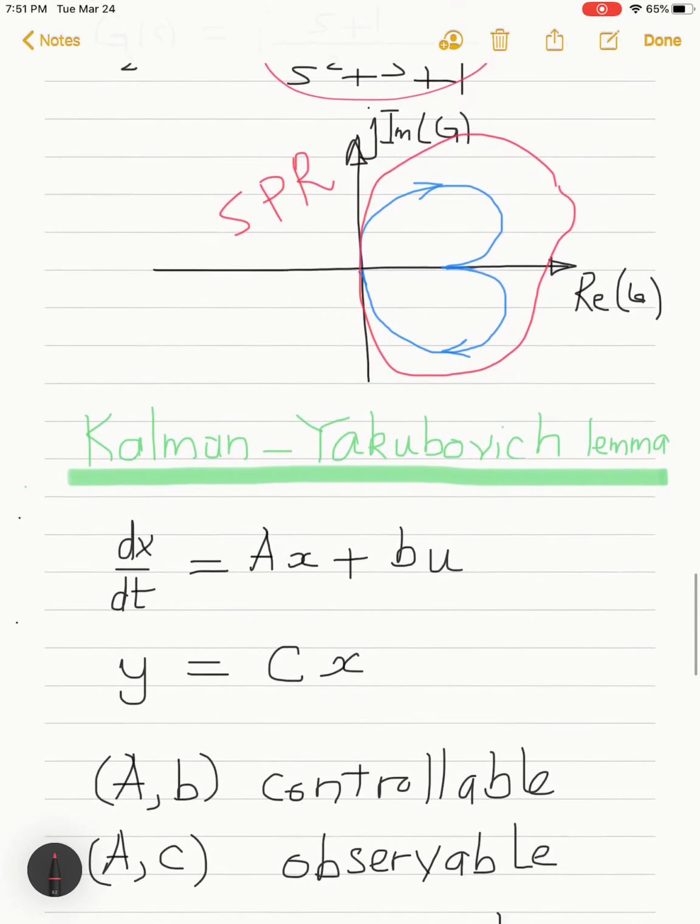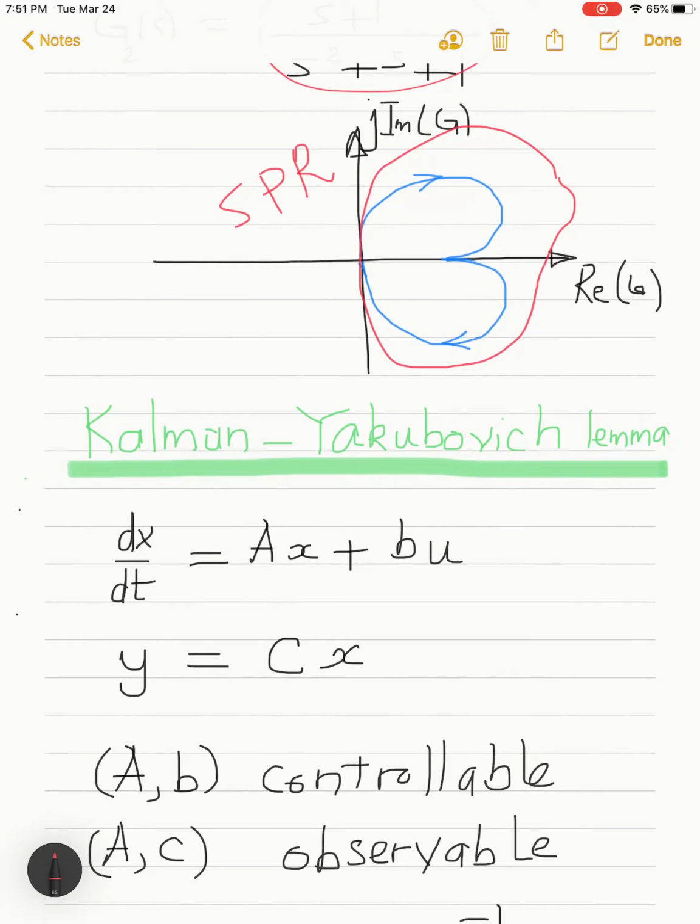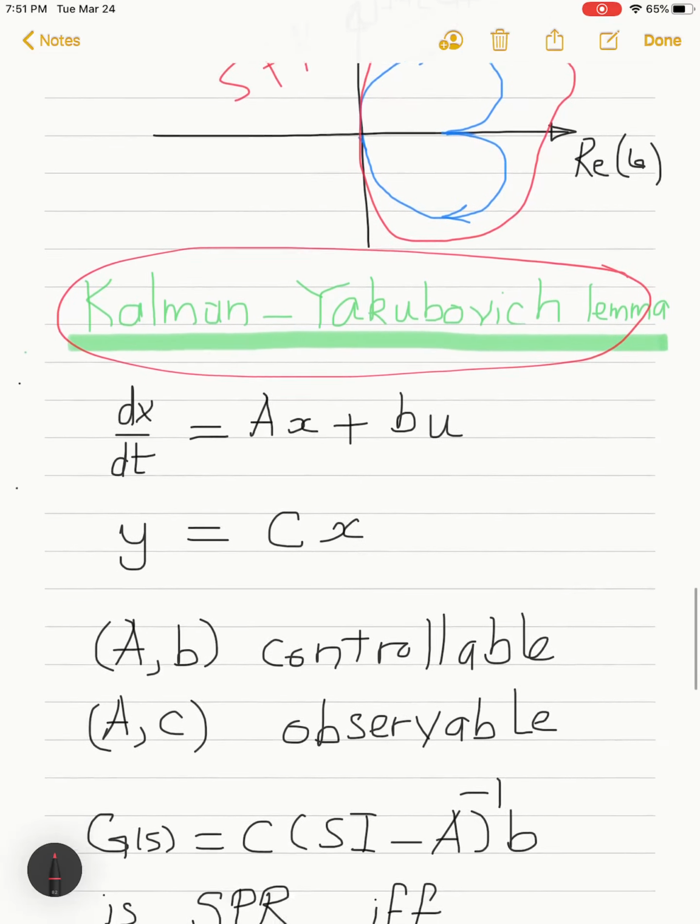Okay, if a system is SPR, then it satisfies what's called the Kalman-Yakubovich lemma, and this lemma will be used in our analysis in the design of a model reference adaptive controller.